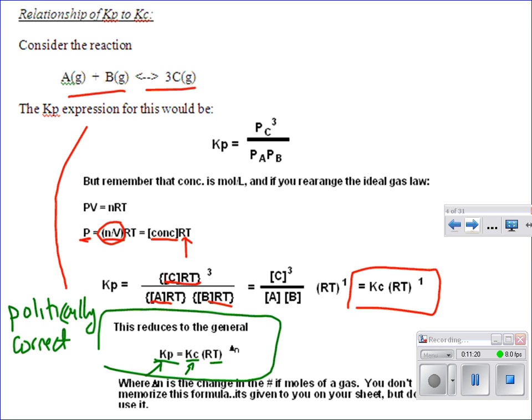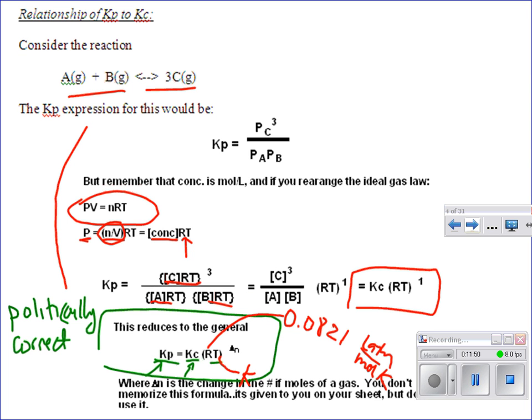So politically correct. Kp is Kp, Kc is Kc, so you'll be given one of those and told to solve for the other. R, since we're dealing with PV = nRT and gas laws, is going to be the gas R. So that's 0.0821 liter-atm per mole-K. What do you think our temperature unit has to be in? K.